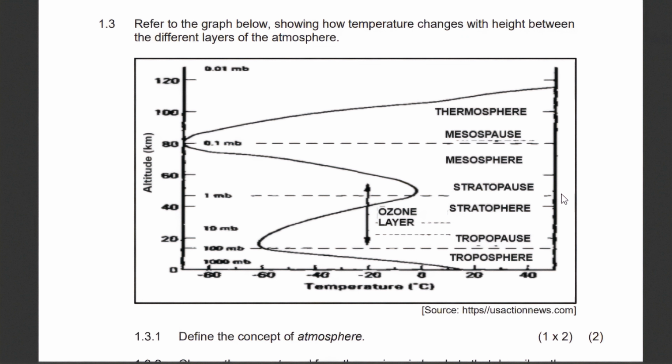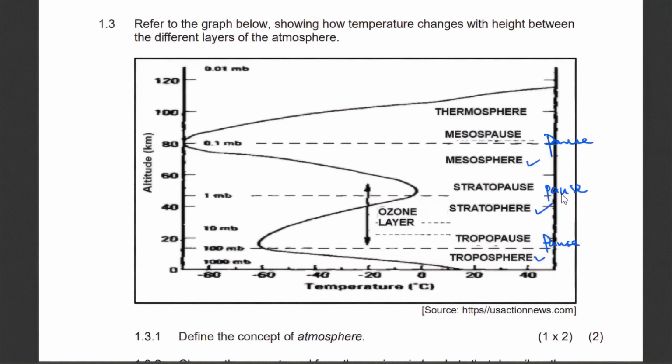The upper boundary of the troposphere is what we call the tropopause. Then the next layer is the stratosphere, and after the stratosphere, we have the stratopause. Then the third layer comes as the mesosphere, and after the mesosphere, there's a mesopause. And then we go into the thermosphere, which is the uppermost.